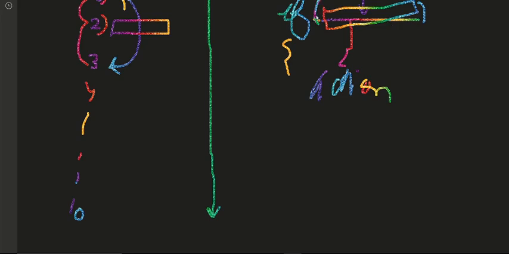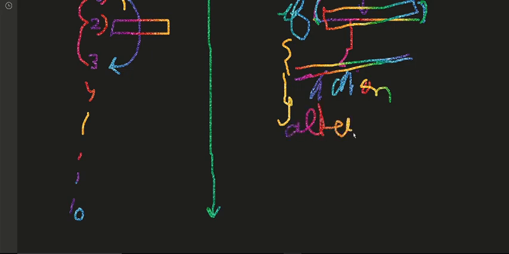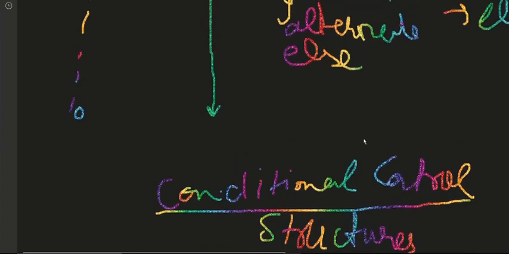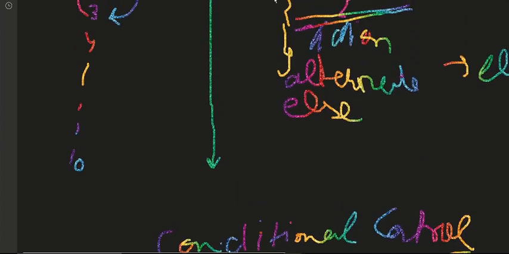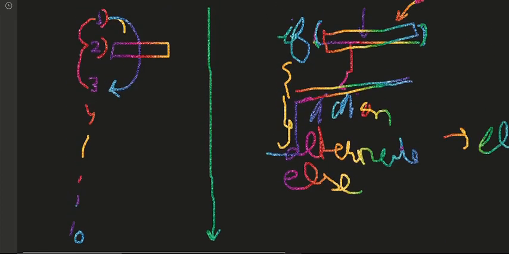So if this condition is not successful, then we have two options: either we just skip it, or we can have an alternate to it. That alternate is known as else. So we can use else also, if we want something to happen otherwise.